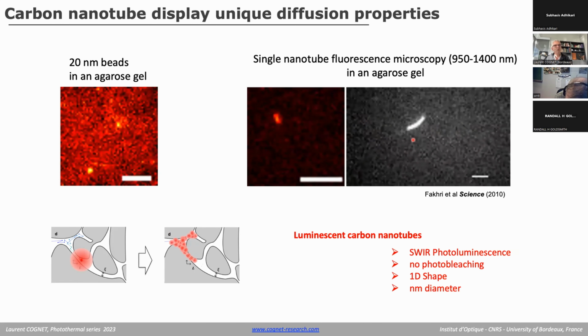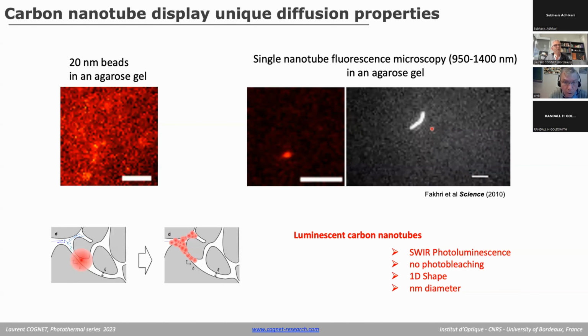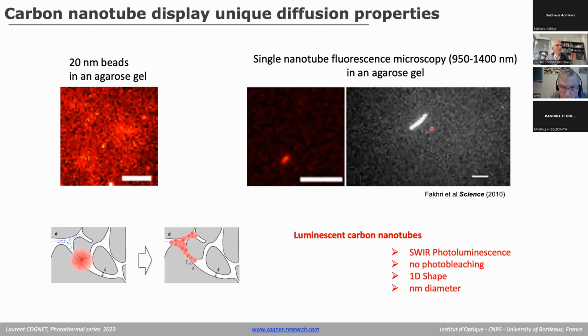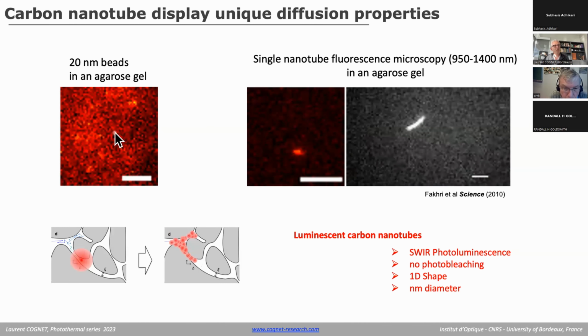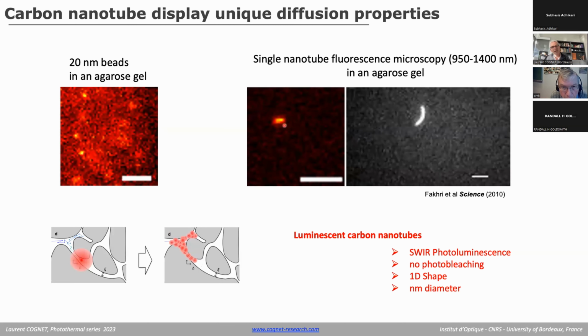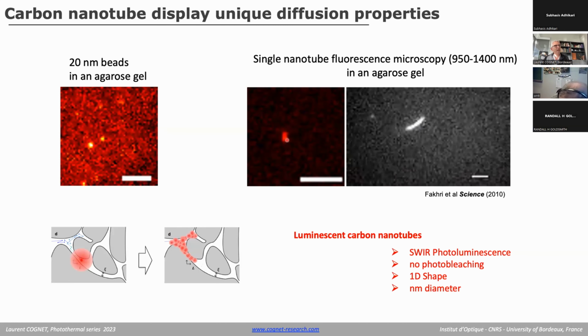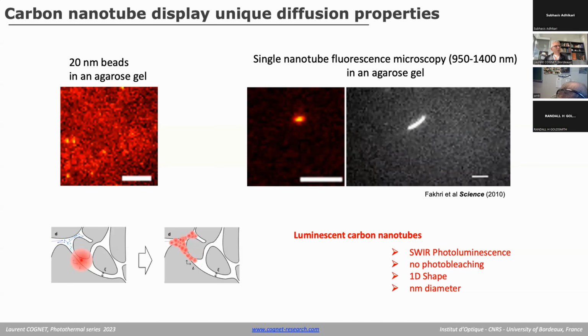But this is not the situation that we want for bioimaging. In between spherical particles and very long 1D objects, we have a sweet spot: nanotubes which are around 500 nanometers to 1 micron. And you see that we are exactly in this regime.